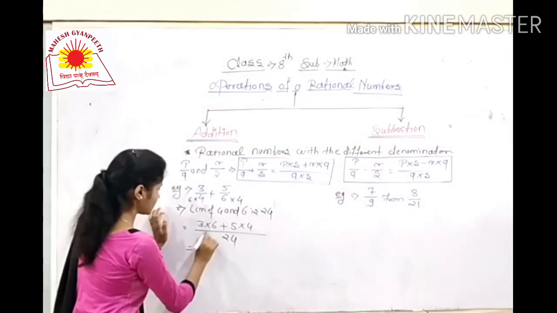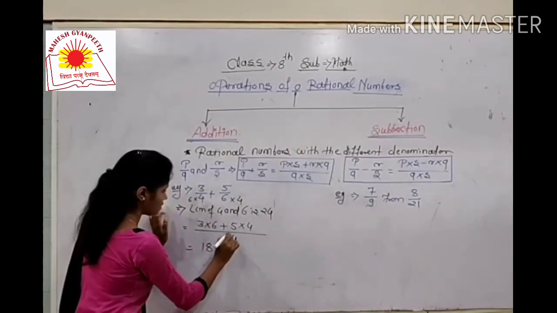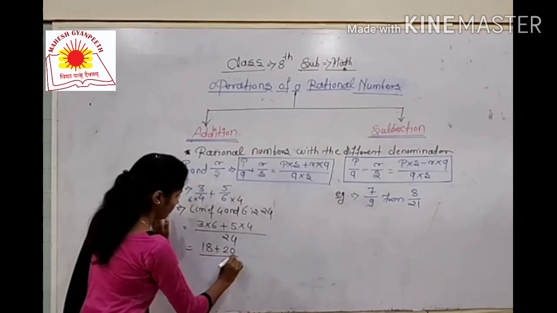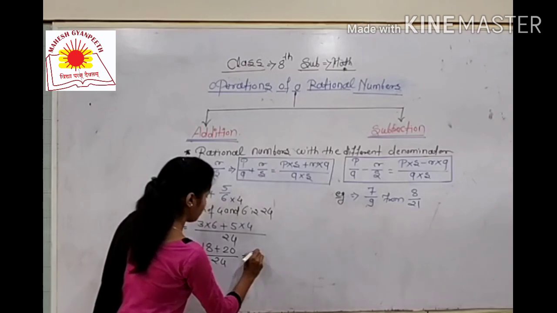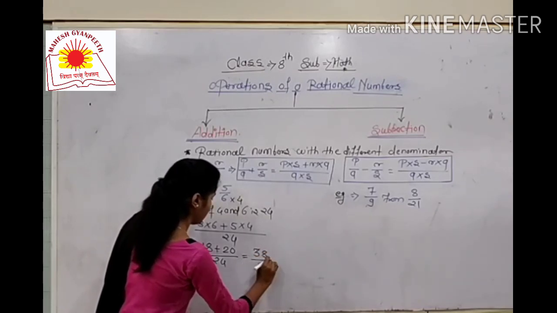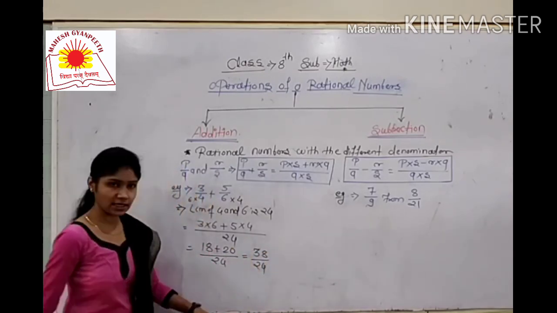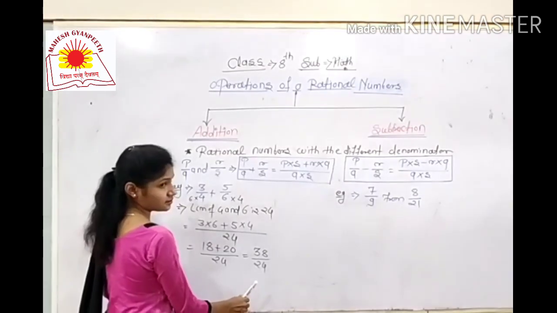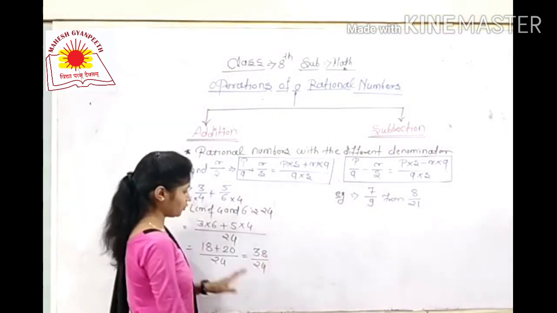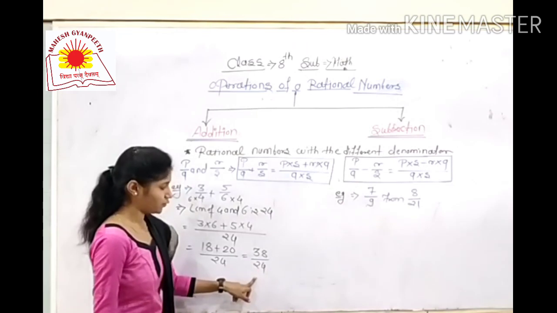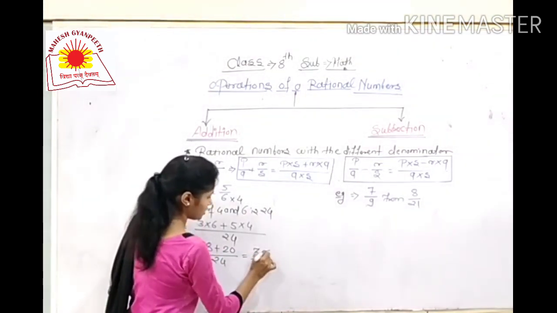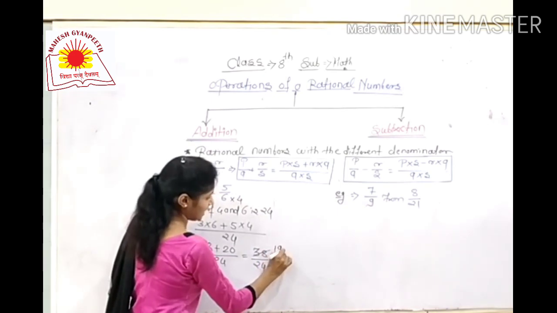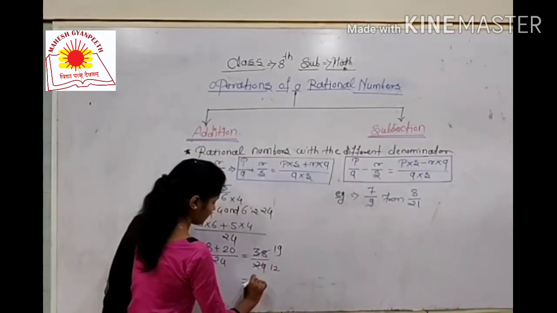Now 6 threes are 18 plus 5 fours are 20 upon 24, which is 38 upon 24. Now 38 upon 24 can be reduced by dividing by 2: 19 upon 12 is the final answer.